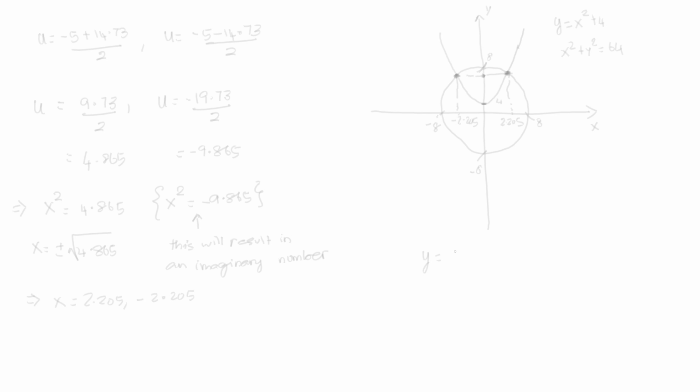And how do we find the y value? Plug it in the equation of the parabola, so y equals 2.205 squared plus 4, which is 4.864 plus 4, so it's approximately 8.864. If I plug it in the second one, I'd get y squared equals 64 minus x squared, which is 64 minus 2.205 squared.